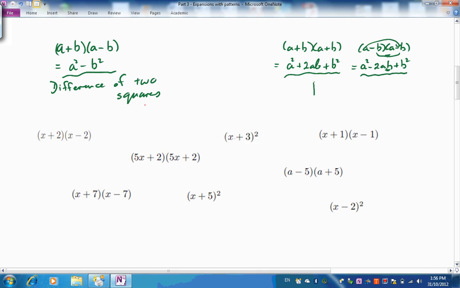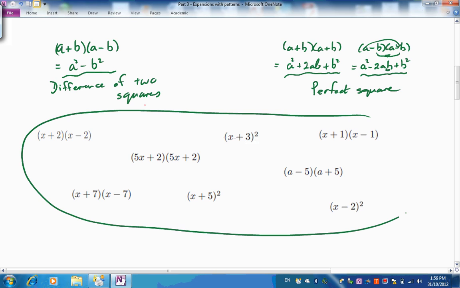This is called the perfect square form. Perfect square. Because both brackets are just like each other. They're perfectly the same. Here is your little exercise. Here is a bundle. I've made up this bundle for you. Now, I'll tell you, each one of them is one of the 2 pattern types.